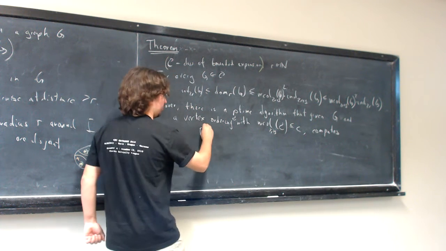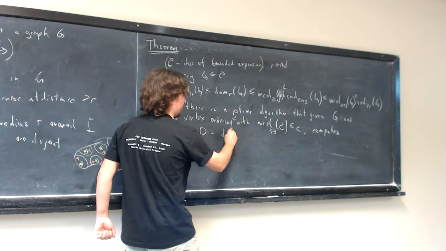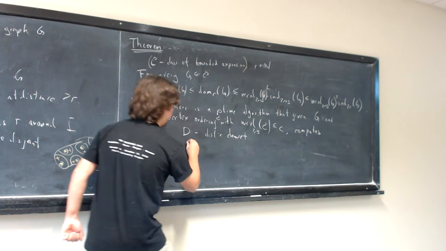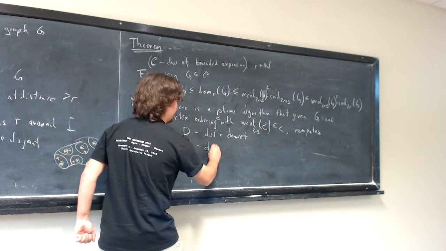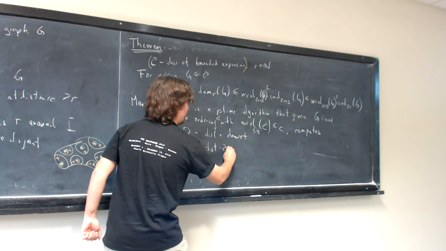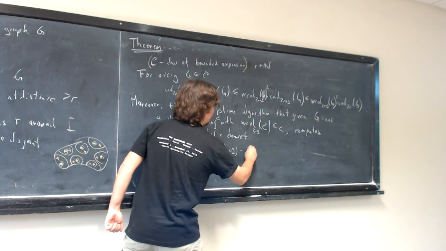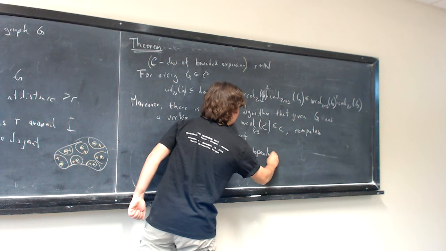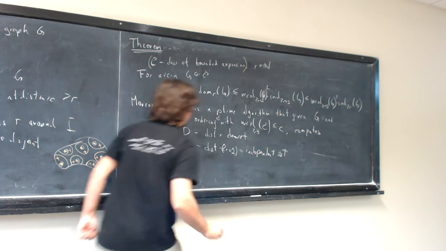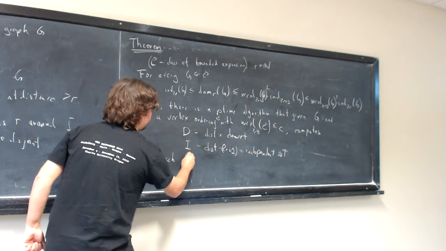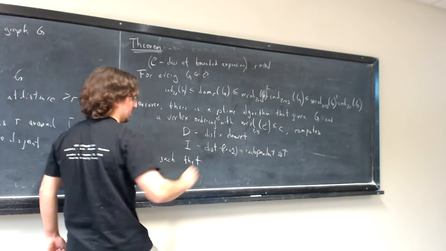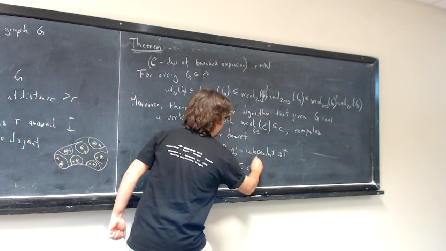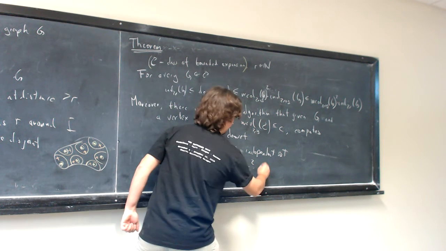First of all, it will compute D. This will be a distance R dominating set. And second, I, this will be a distance 2R plus 1 independent set. Yes? Such that the size of D is upper bounded by C squared times the size of I.